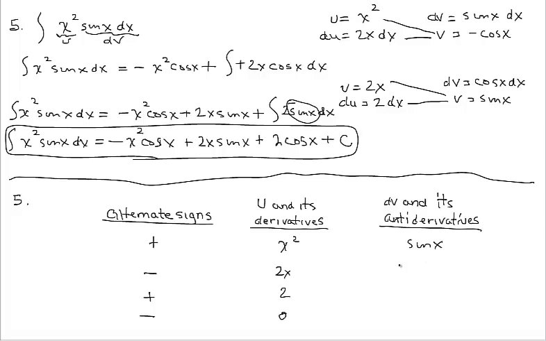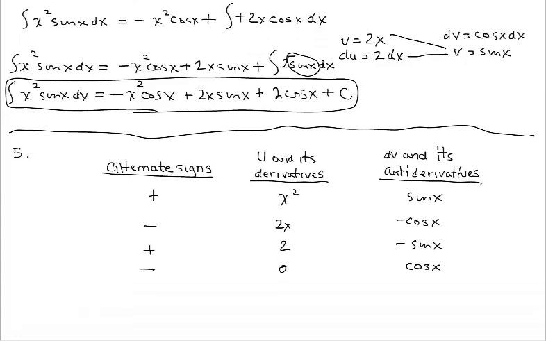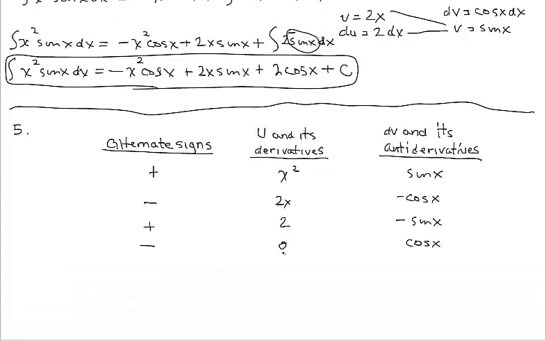Now I'm going to find all its antiderivatives. The first antiderivative is negative cosine x. That integrates to negative sine x, and that would integrate to cosine x. Once I've generated the columns, based on u and its derivatives until I get to 0, we're going to build our answer.